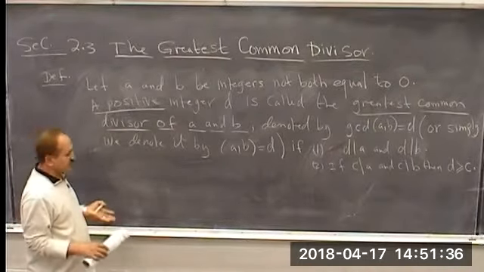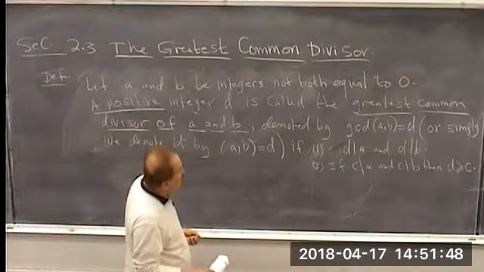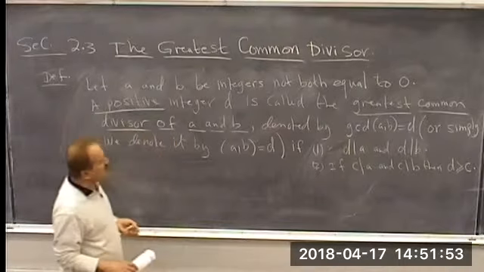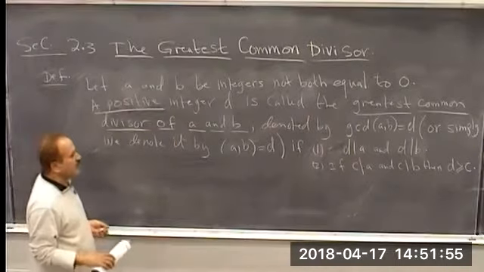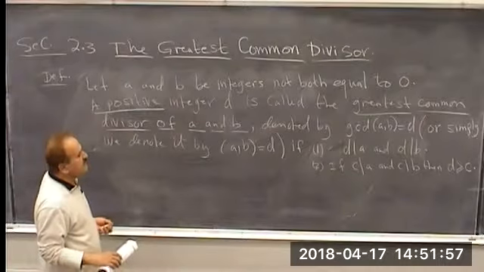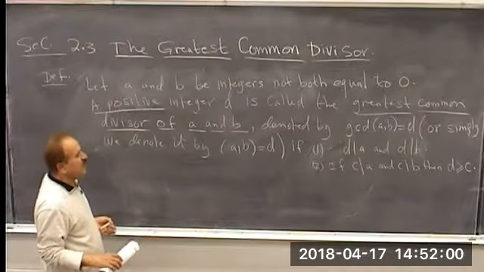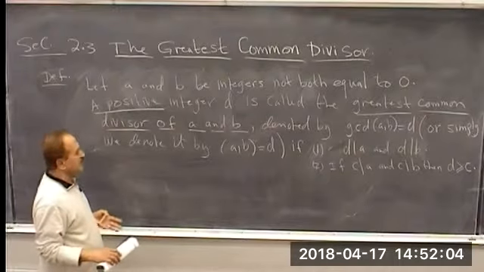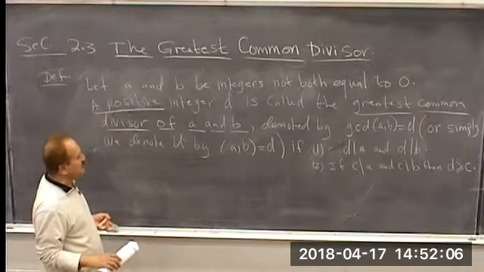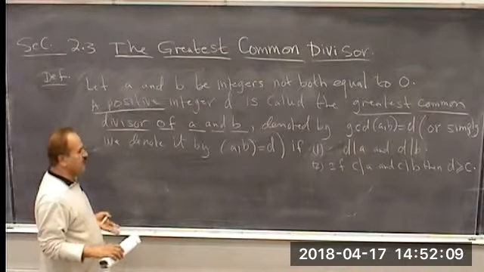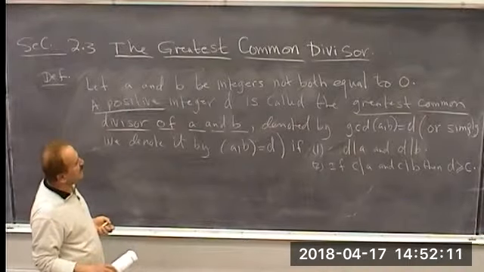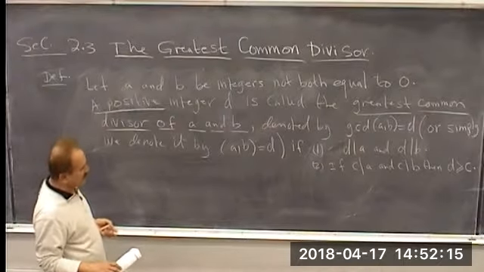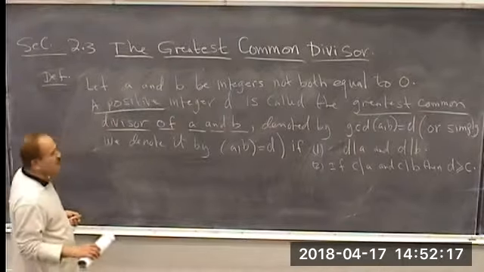This is okay for smaller values of A and B. However, when A and B are very large, meaning integers that have 100 digits, it's almost impossible to apply. Even with the use of a computer, this is not something easy to do, all right?